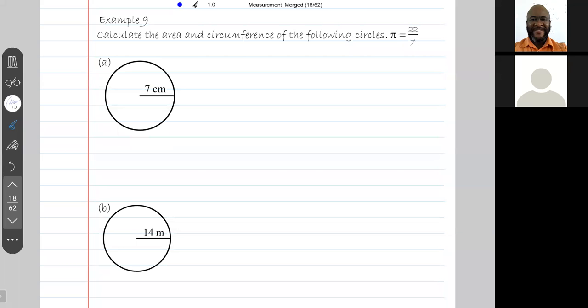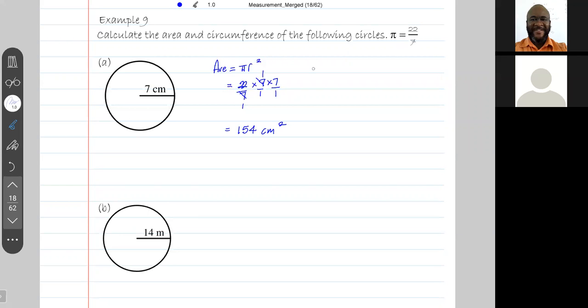All right, so let's have a look at A. The area is equal to pi r squared. Pi is 22 over 7. The radius is 7 times 7. Radius squared means radius times radius. 7 cancels 7. 22 times 14 is 154, and this is centimeters squared.